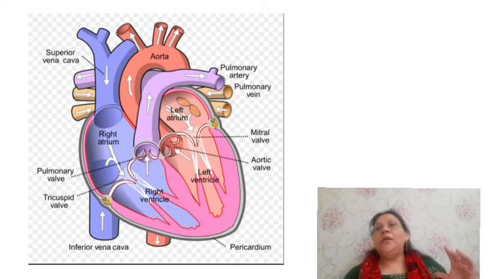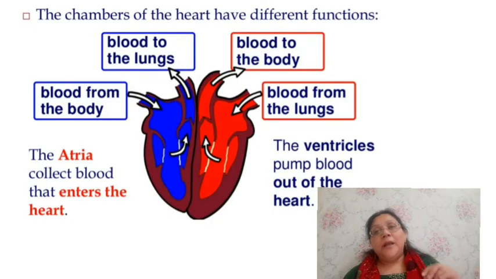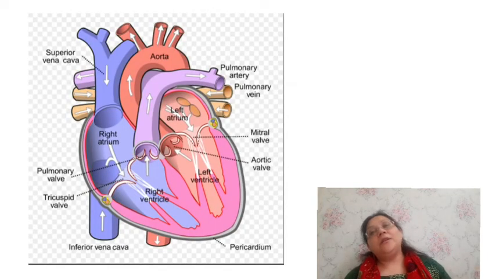They both empty into the vena cava, and the vena cava empties the impure blood into the right atrium. From the right atrium, the blood moves through the tricuspid valve into the right ventricle. From the right ventricle, the blood moves through the pulmonary artery to the lungs. In the lungs, the blood gets purified: the carbon dioxide is taken away and oxygen is mixed in the blood.